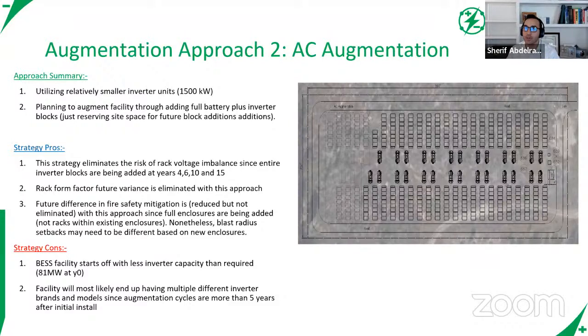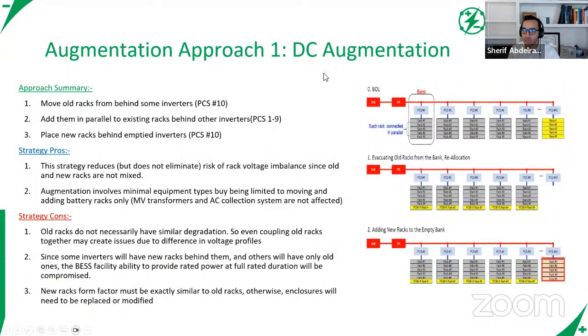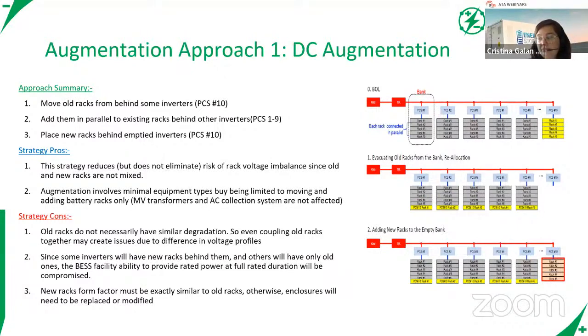The smaller your inverters are, the more flexibility you'll have with the riskier augmentation strategies, which in my view is DC augmentation. But using smaller inverters isn't very economical, especially when you're designing hundreds of megawatts of projects, or your project is, I would say, 50 megawatts and beyond. So it depends on your specific case.